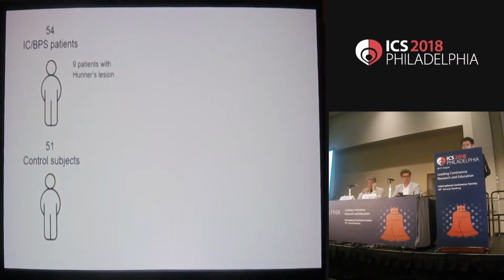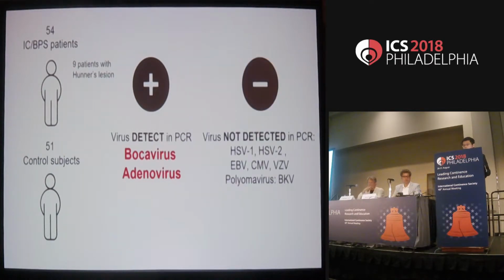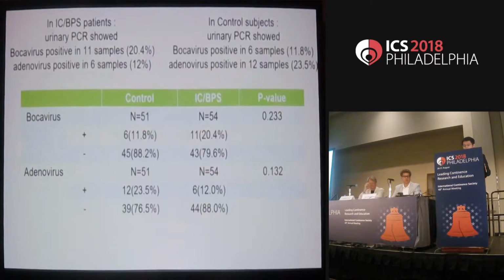We enrolled 55 patients, including 9 Hunner lesions, and 51 control subjects. And we only found Boca virus and adenovirus in the urine. The other targets, including HSV1, 2, and EBV, were not found in our PCR.